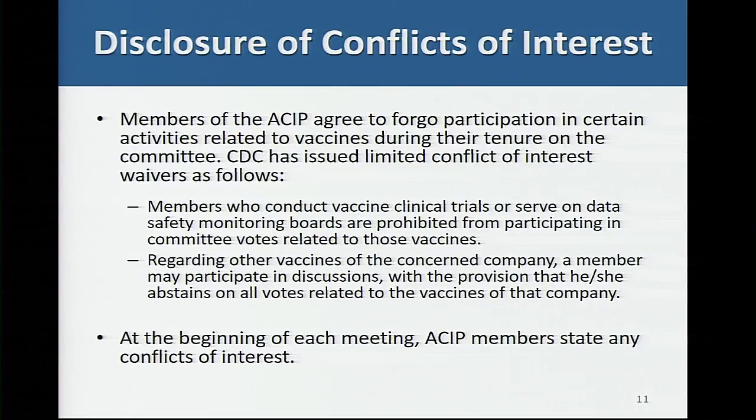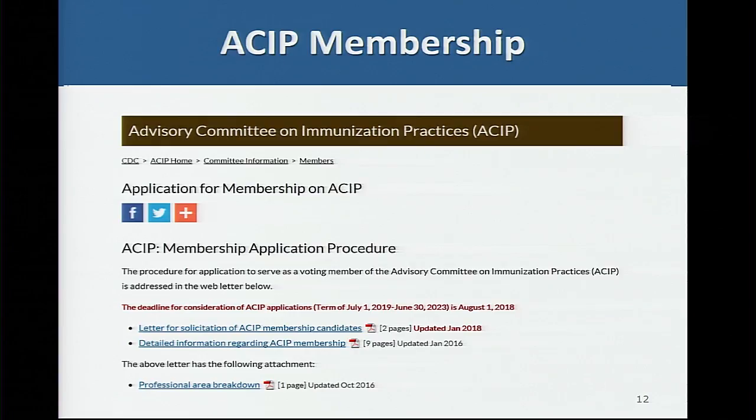Members who conduct vaccine clinical trials or serve on data safety monitoring boards may present to the committee on matters related to those vaccines, but these members are prohibited from participating in committee votes on issues related to those vaccines. Regarding other vaccines of the concerned company, a member may participate in discussions with the concerned company, but must abstain from all votes related to the vaccines of that company. At the beginning of each meeting, ACIP members will state any conflicts of interest. Next slide.